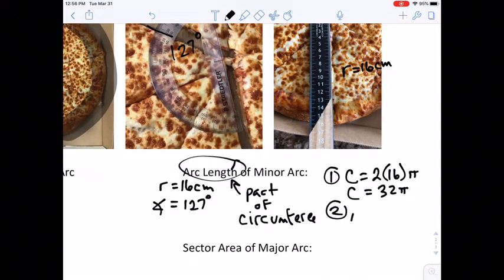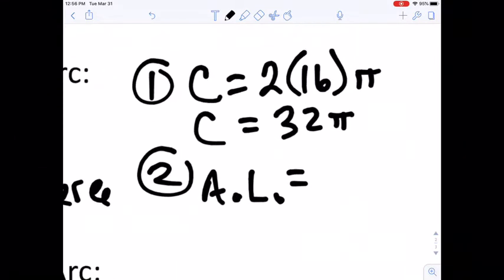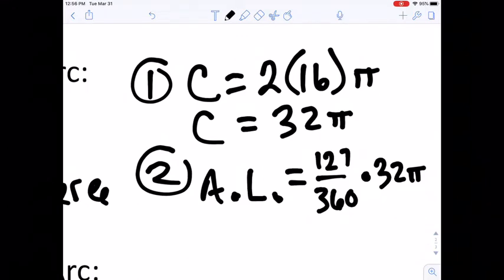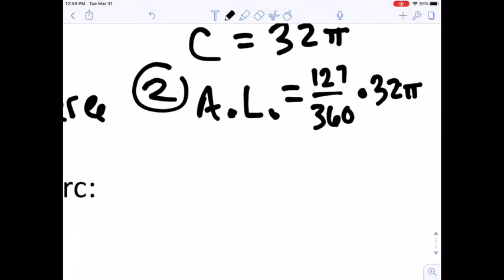Part 2 is to find the arc length. The arc length, AL, if you will, is going to be the fraction of that. So we're going to use 127 out of 360 and multiply it times 32 pi. It looks really crazy, 127 times 32 divided by 360 with a pi on the end.